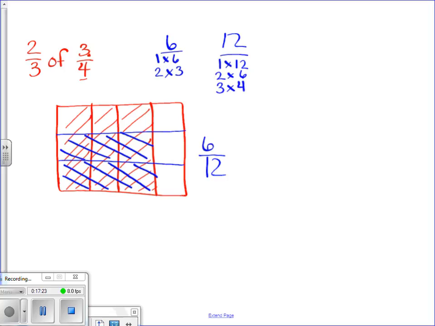Then I'll go across and circle the numbers that match: 1, of course, 2, 3, and then 6. To make it simpler, pick the biggest one so that you don't have to simplify more than once.